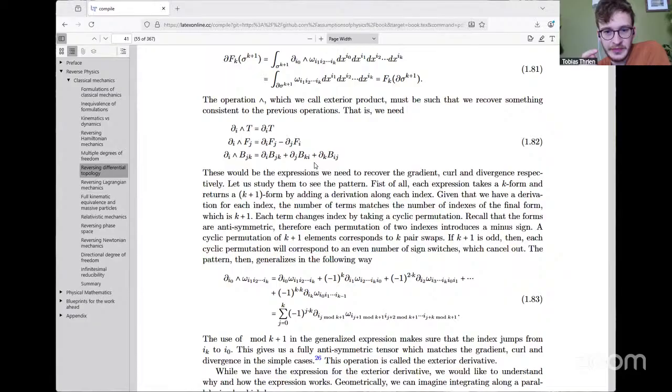Given that we have a derivative for each index, the number of terms matches the number of indexes of the final form, which is k plus 1. Each term changes index by taking a cyclic permutation. Recall that the forms are antisymmetric, therefore each permutation of two indexes introduces a minus sign.